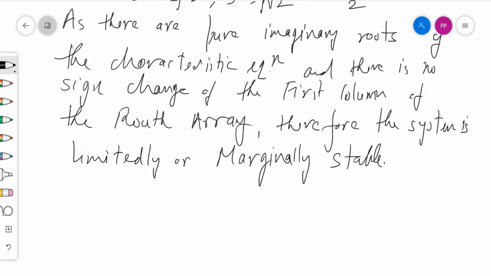So thus we have gone through two special cases in the study of Routh Stability Criterion. So what are those cases?